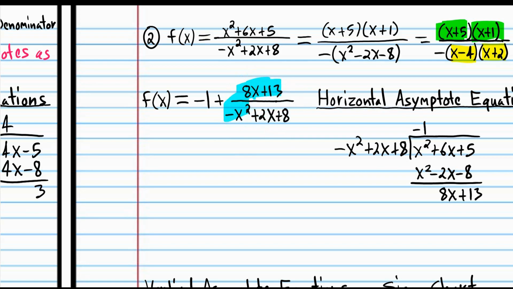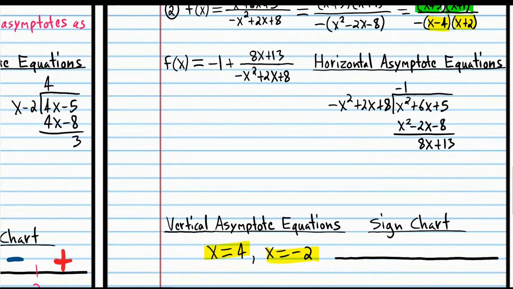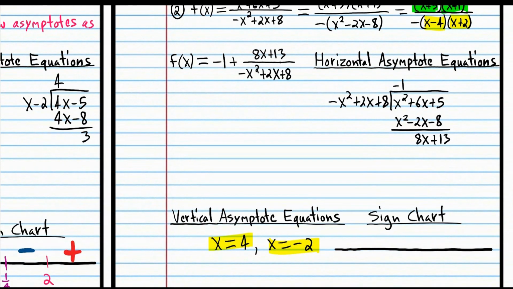And for really big x values, you can just consider that fraction to be 0 in your mind, which means that the y values are going to approach -1. So that tells us what the horizontal asymptote is. So we can write that down here. We can just say y is equal to -1.